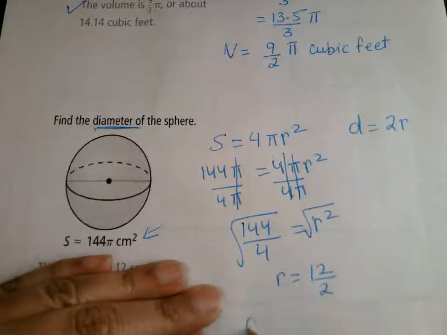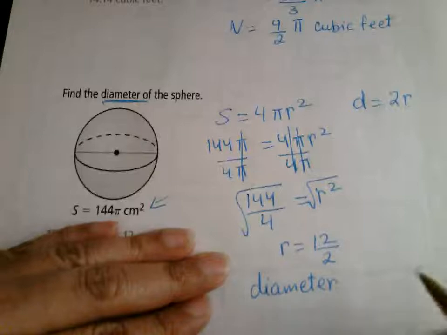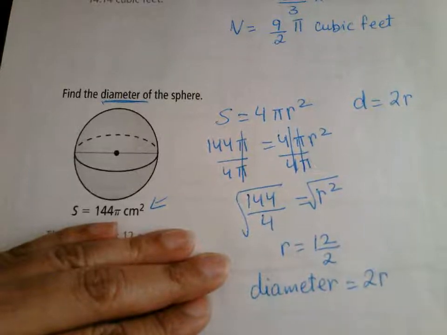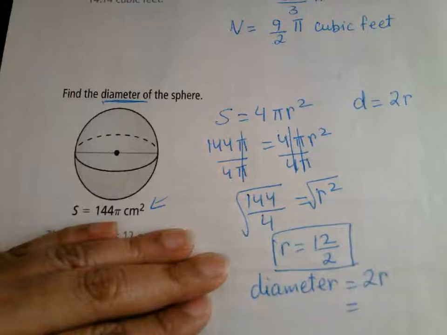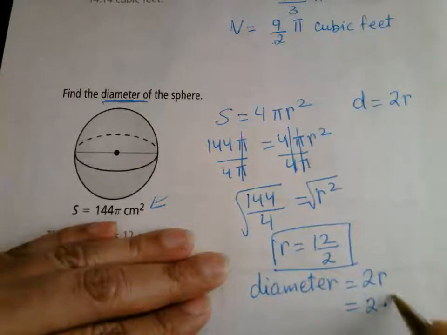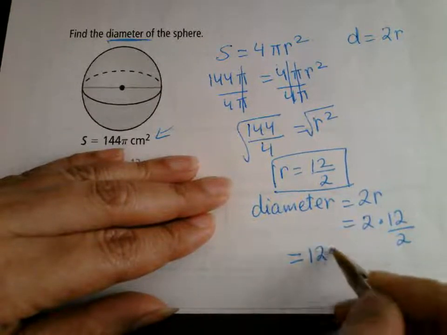Now I need the diameter, and diameter is nothing but 2 times radius, and radius is 12 over 2. So 2 times 12 over 2 is nothing but 12 centimeter.